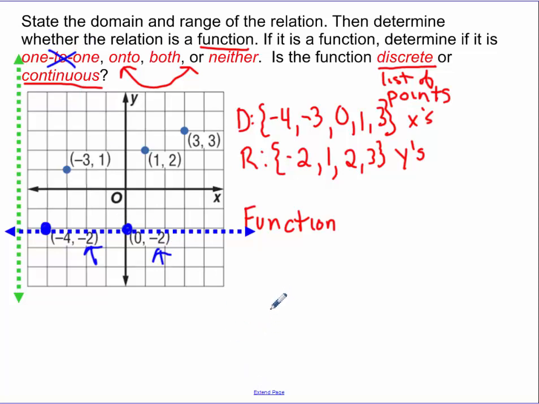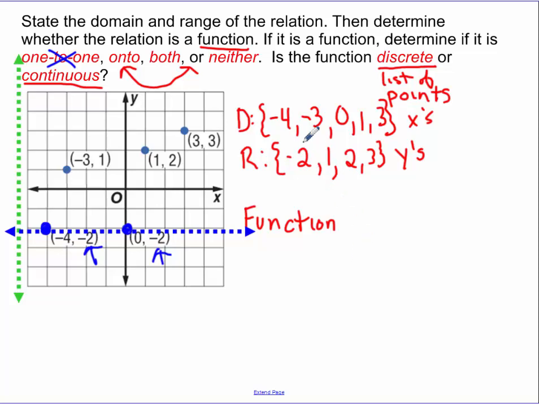Now, is it onto? Meaning that every range value is paired with an x value. So think about it like this, and I think about the picture that I had on the second slide.